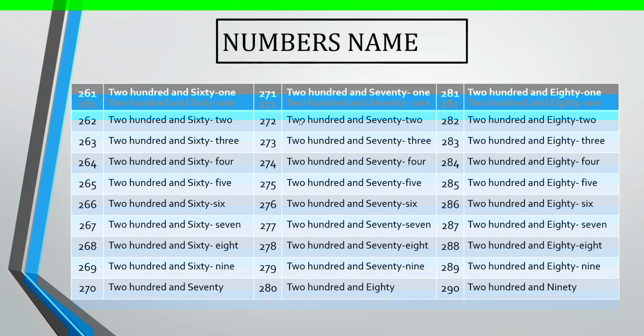Let's start the numbers from 271 to 280. Count the numbers and read the spelling from 271 to 280. 271, 272, 273, 274, 275, 276, 277, 278, 279, 280.